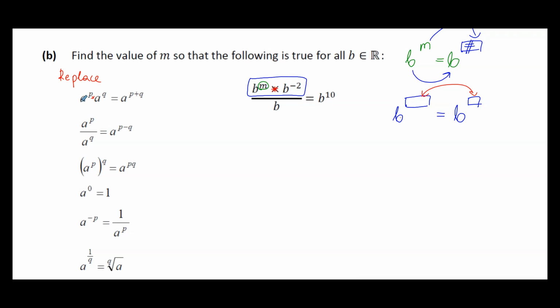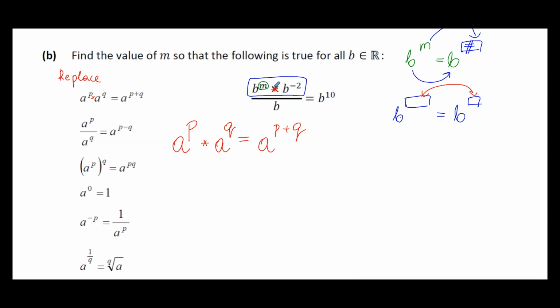The difference is that my a is not a, or my p is not p. Now, let's write this formula: a^p multiplied by a^q equals a^(p+q). So that is the formula. Now I'm applying it here.